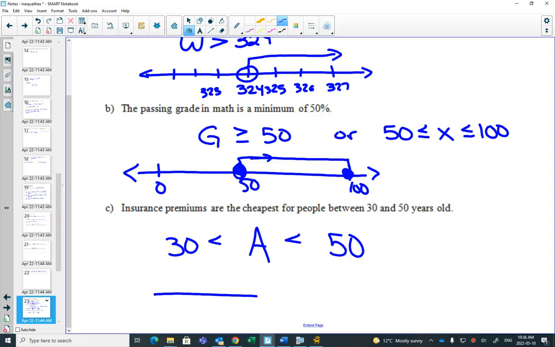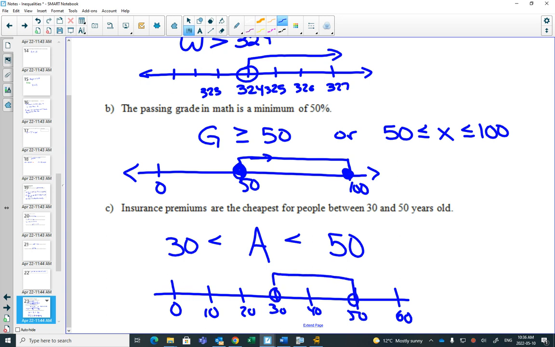So when we draw our number line here, it's just age between 30 and 50. But if you just looked at that and didn't know the question, it wouldn't make sense. You wouldn't know what it's standing for.